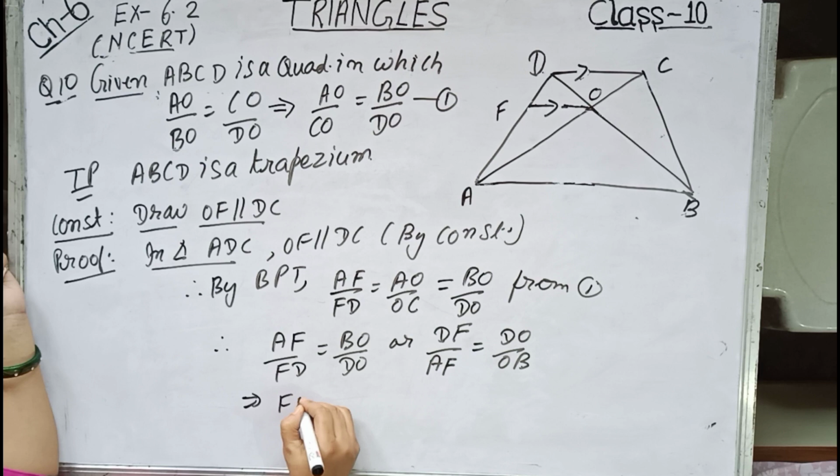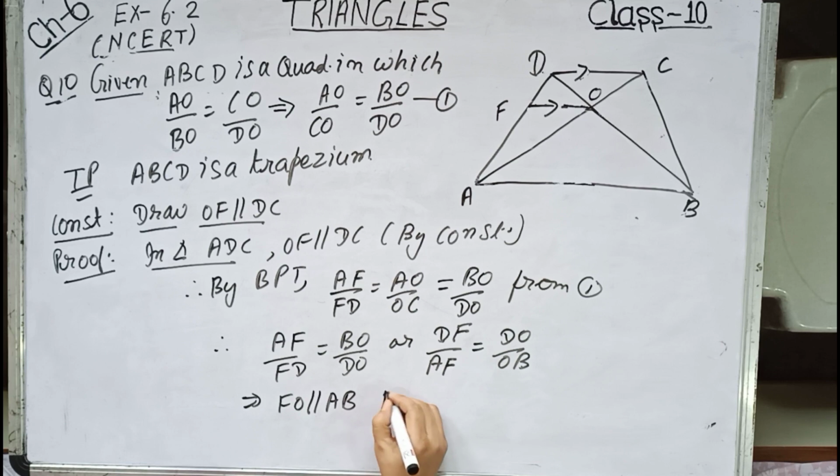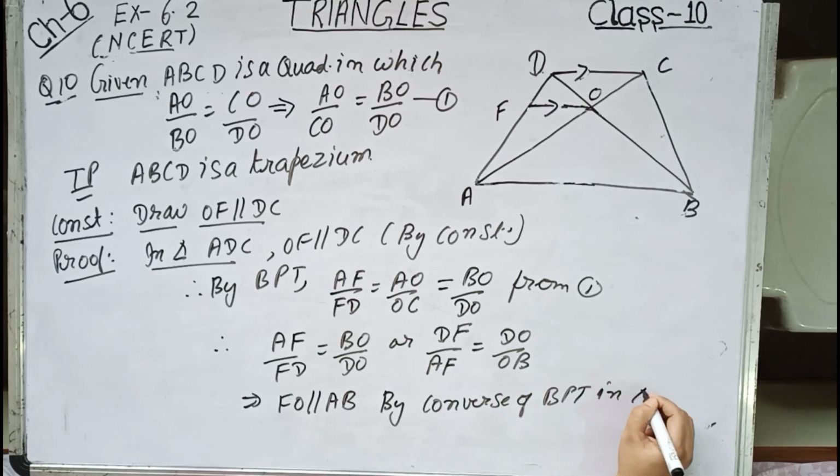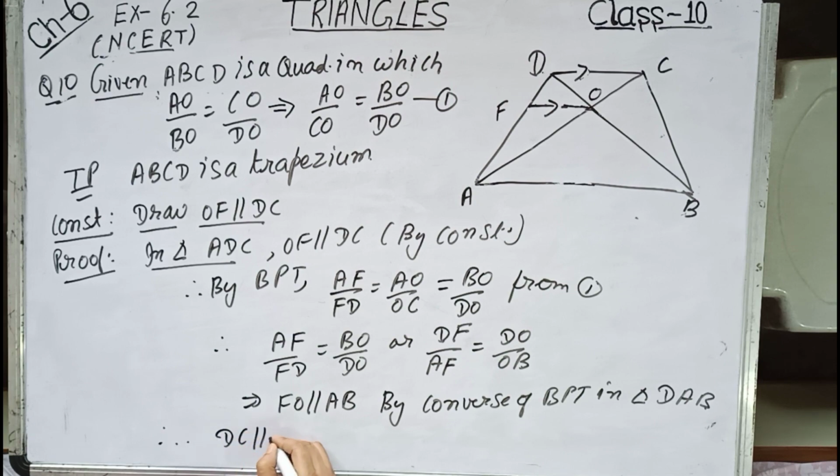This implies FO is parallel to AB by converse of BPT in triangle DAB. Therefore, DC is parallel to AB.